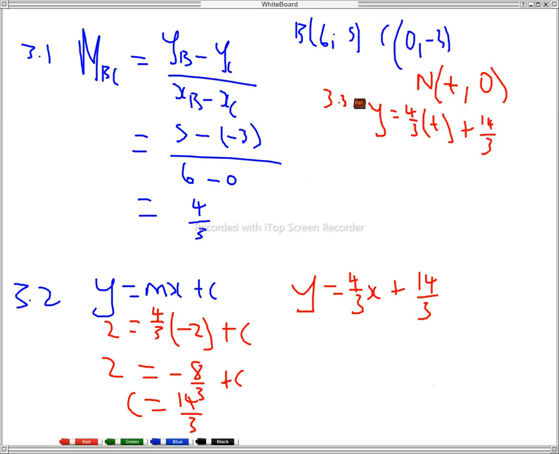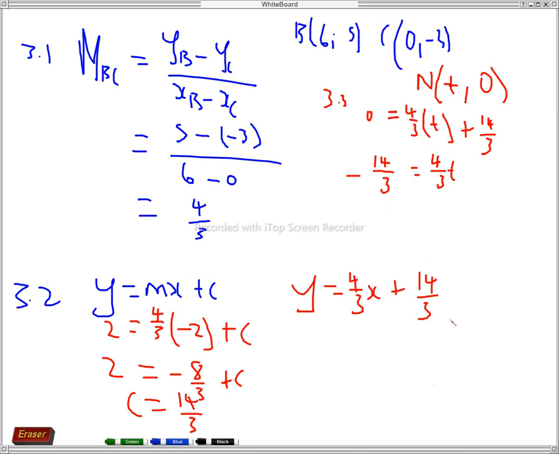Let me erase this one, because I have to substitute the value of y, which is 0. I'm going to transpose this to the other side. It's going to be negative 14/3 equals 4/3 t, and then you can divide both sides by 4/3.